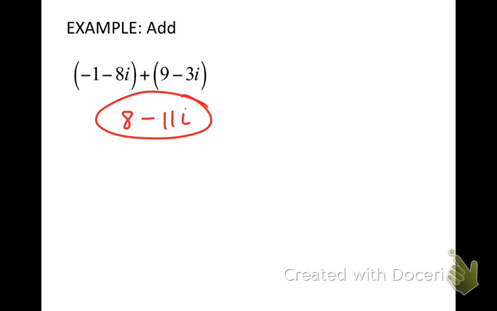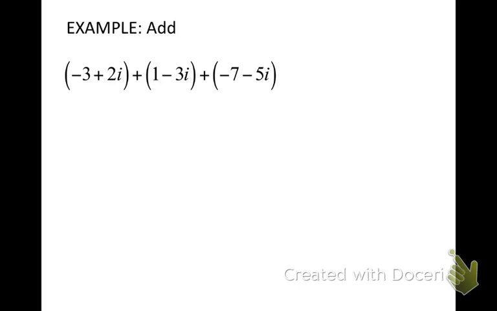There it is. So don't make it any more challenging than that. Just add your real with your real and your imaginary with your imaginary. So here we have 3 binomials. So -3 plus 2i plus 1 minus 3i plus -7 minus 5i.